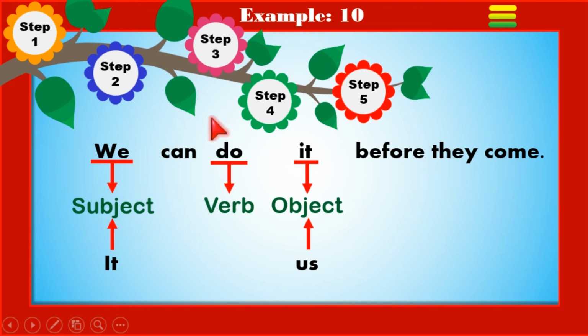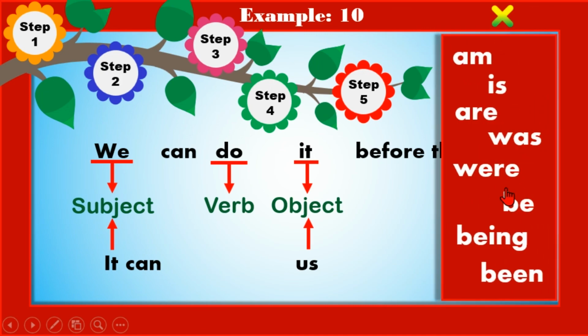Can be, should be, could be, would be, might be, must be, ought to be. So here can is used. So write as usual, and then find the suitable auxiliary verb. It is be.